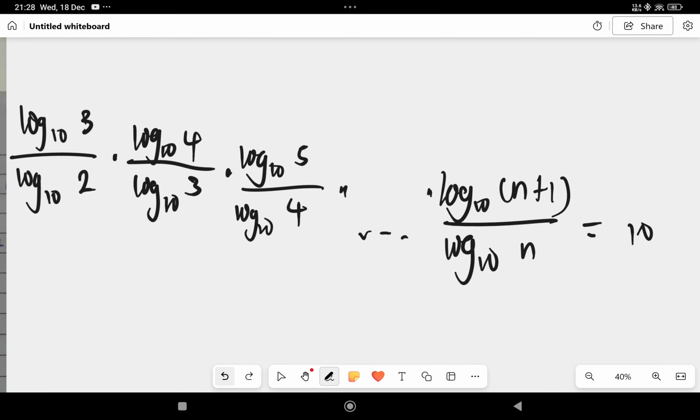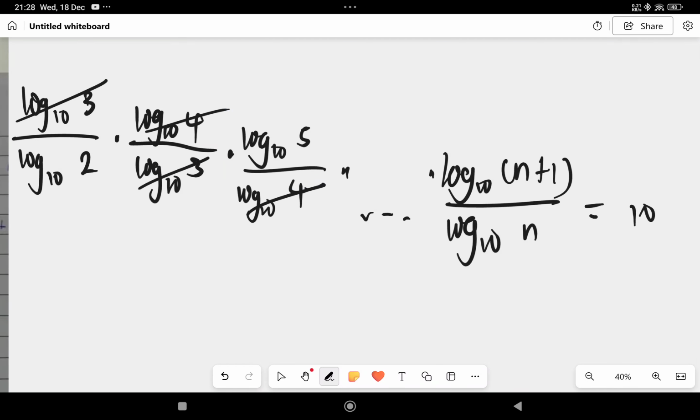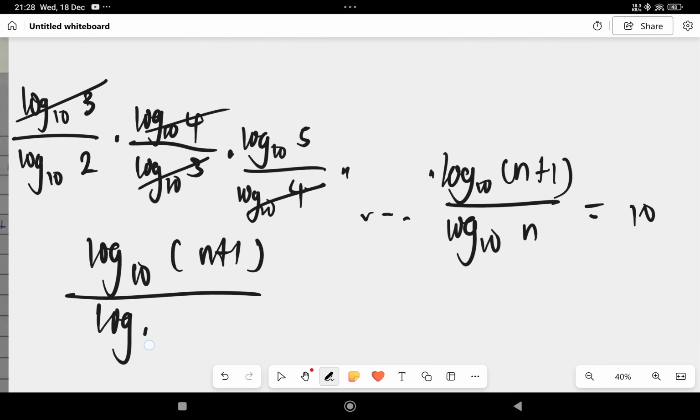So after you make this kind of conversion, you can actually mix stuff up. Why is that the case? Because if you take a look closely, this will cancel out. This will cancel out. If you realize it, everything will cancel out, left with log 10 n plus 1 and log 10 2.